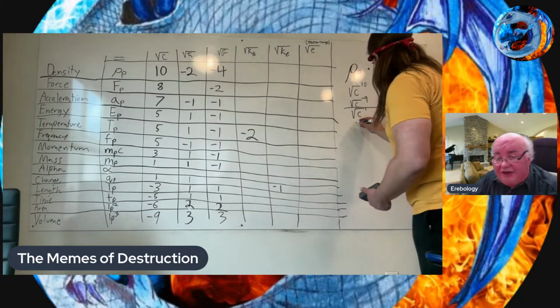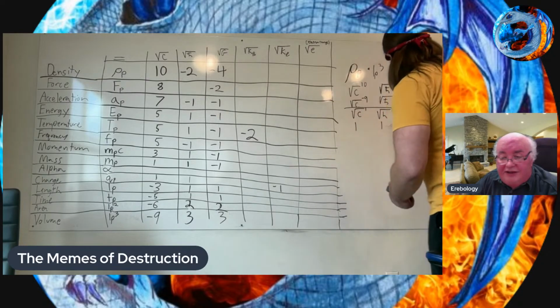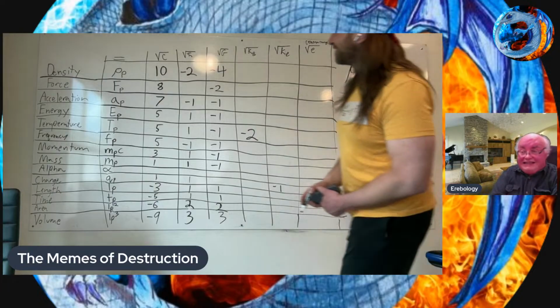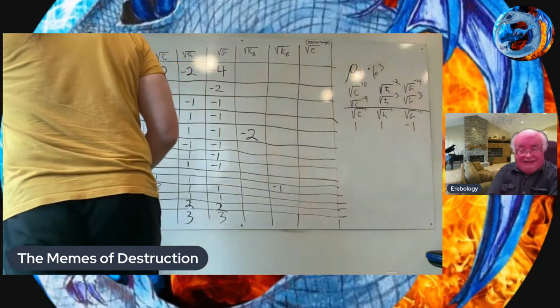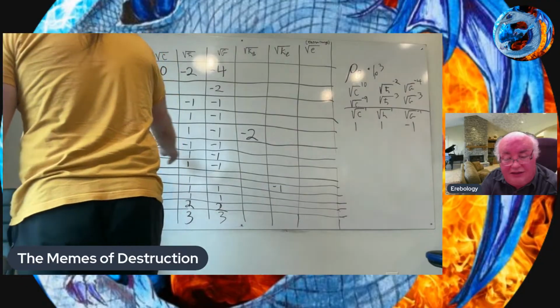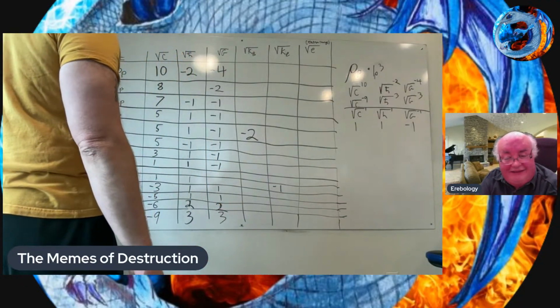Kind of drop those things off. Just do a 1 right there, 1, another 1, and a minus 1. Perfect. Now go search your chart for a 1, 1, minus 1. Oh, look, mass.